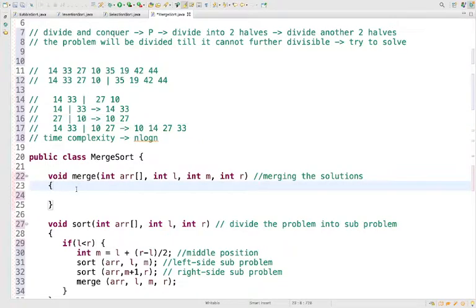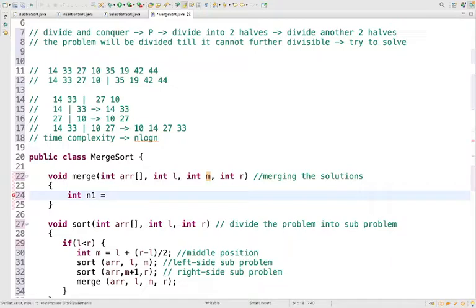So for that we are going to store certain values. Instead of using L and R directly, since we have two subproblems, that is the left subproblem and the right subproblem, we are going to find the length, the size of those subproblem arrays. So for that we will write n1 equals M minus L plus 1.